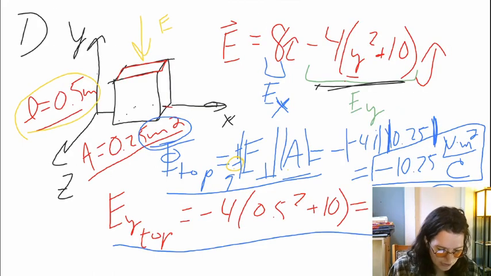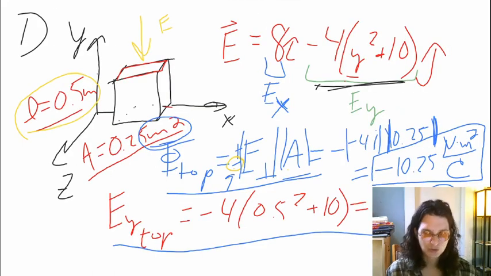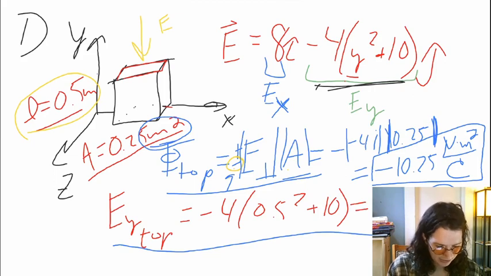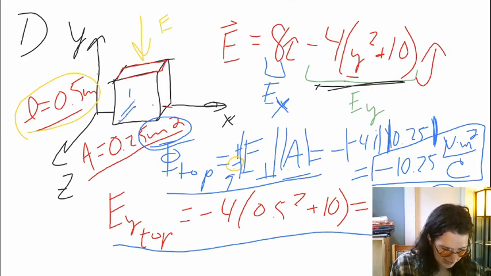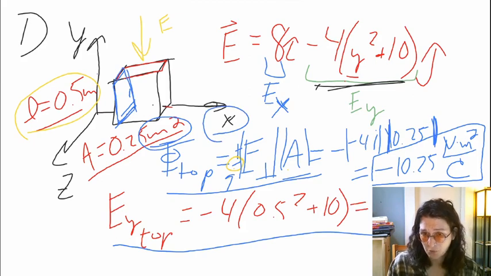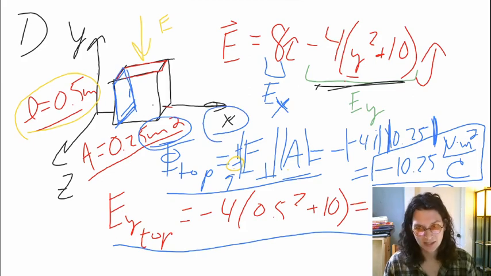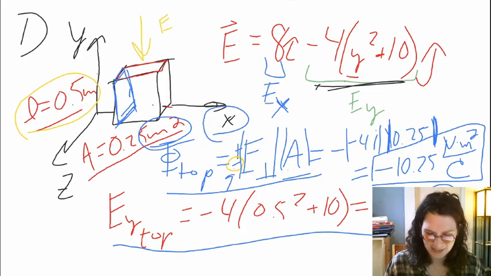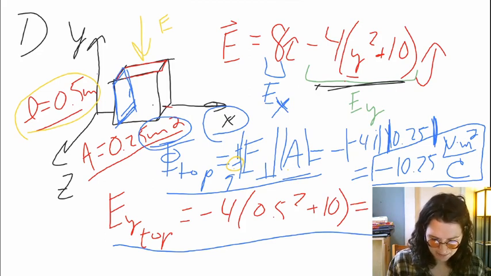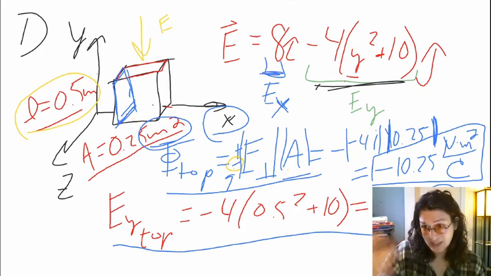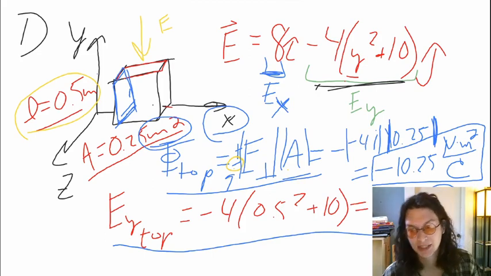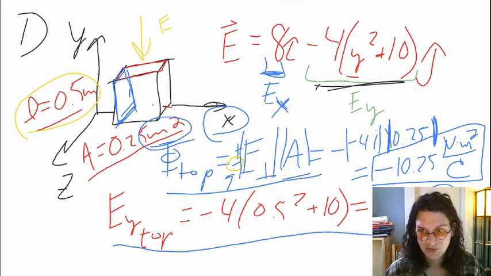So for the left face, we have to determine the direction that the left face is perpendicular to. Again, I can't actually see the left face here, but it's right there. That's our left face. That left face is perpendicular to only the x-axis. Y and z are parallel to it, so they would not contribute a flux. So we need only the x component. That means that our x component is 8, and that would be the component that is perpendicular to the left face.